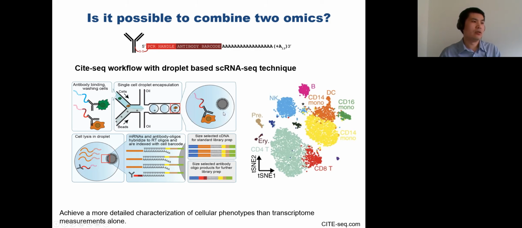So your cells are definitely the same as before. It's just that you have more information with the surface antigen here. So the whole process is similar to DBiT-seq or the 10x Genomics sequencing method. But you can see from the right here that with the addition of protein or antibody, you can really do a much better, improved classification of those PBMC cells, because surface proteins are more unique features for those cells.